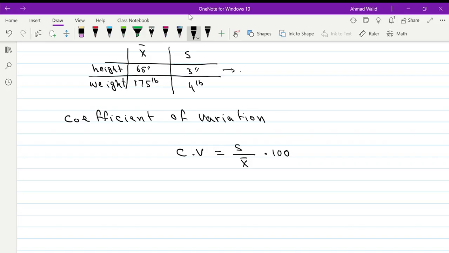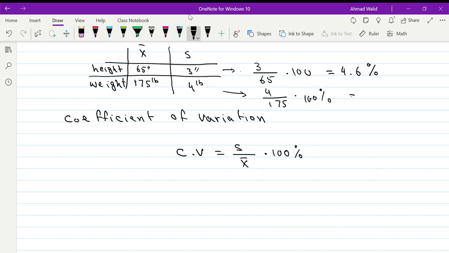Times 100%. In the first example, it will be 3 over 65 times 100, which you will end up with 4.6%.